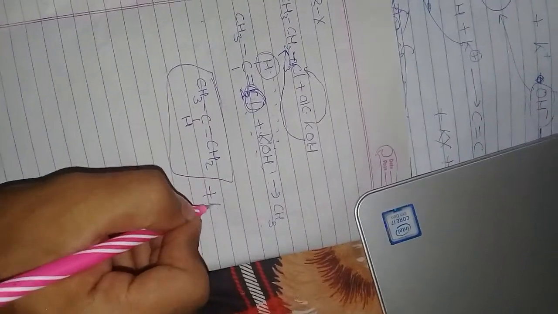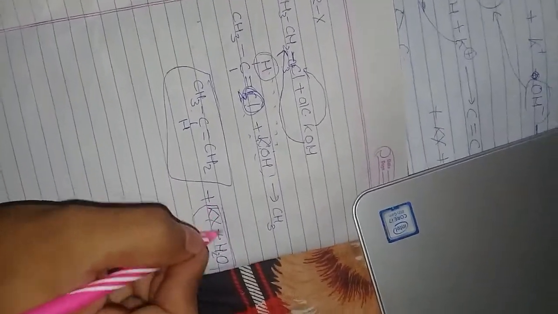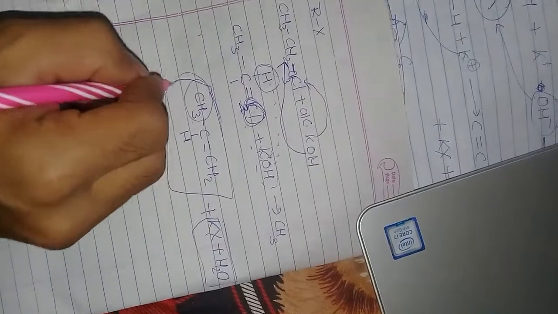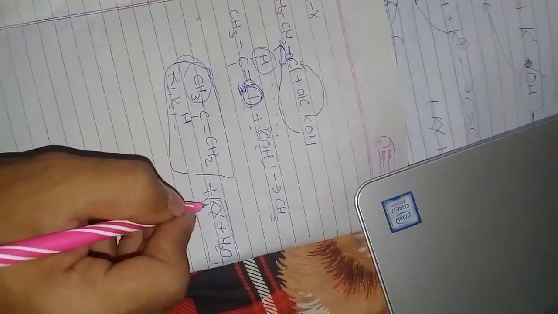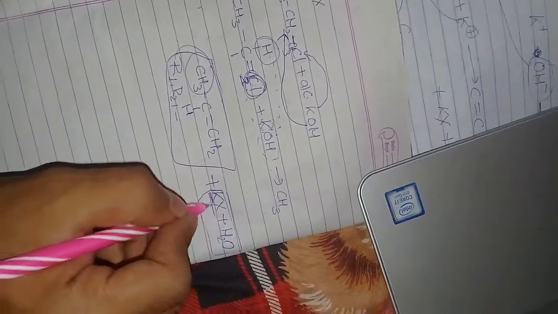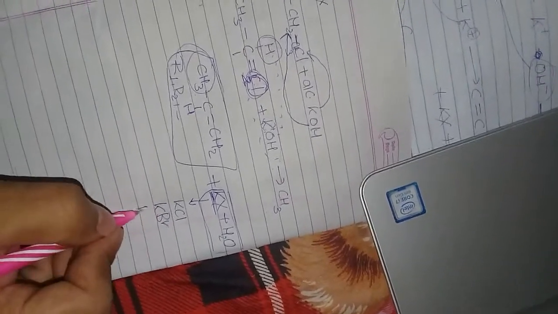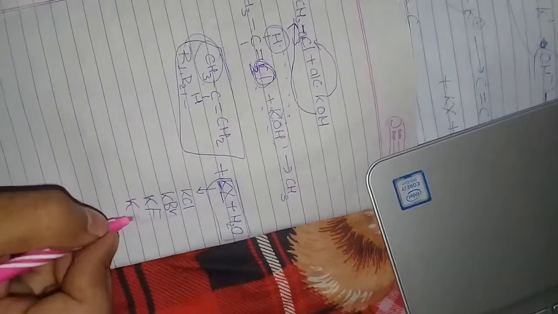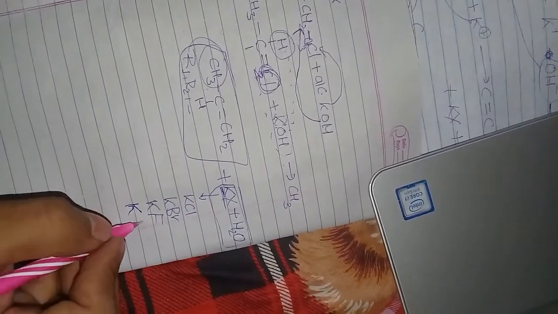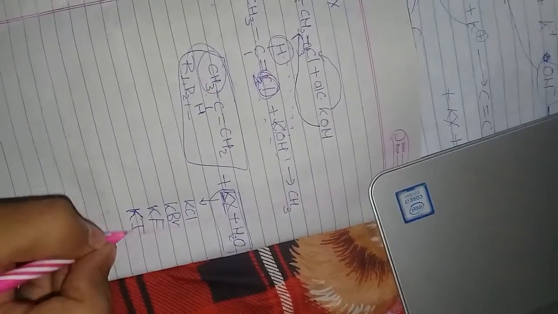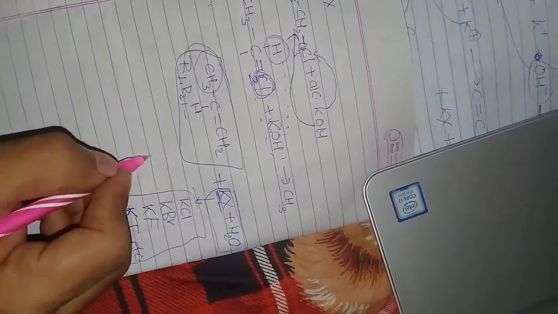The byproducts will be KX plus H2O. This is sure, KX plus H2O. We can take R as anything. R can be R1, R2, R3, R4, anything, and KX can be KCl, KBr, KF, KI, etc. This portion comes under reactivity.